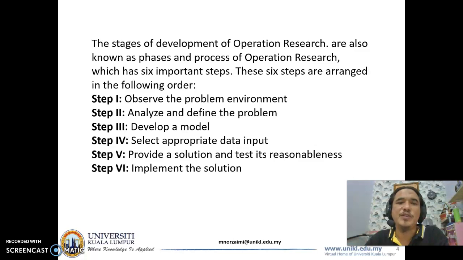Then in step 3, we will develop the model of operation research based on the theory I have mentioned before, and we will select the appropriate data input. We will provide the solution and test reasonableness, and we will implement the solution.